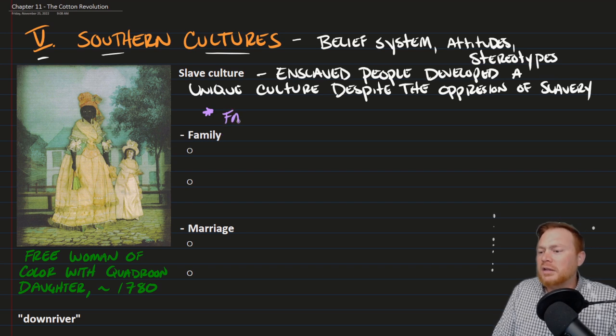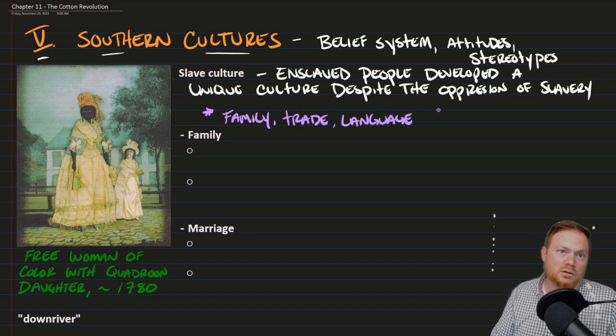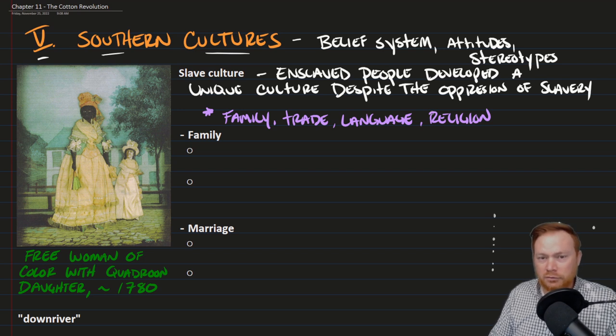Culture would refer to anything like family, maybe even trade or exchange networks. Language is typically a pretty good indication of culture, not just languages like Spanish or English, but a specific way of talking to one another. And religion, which is perhaps the most simple place to look. So, for those enslaved in the United States, family networks, trade, language, and religion all certainly existed and were very important.